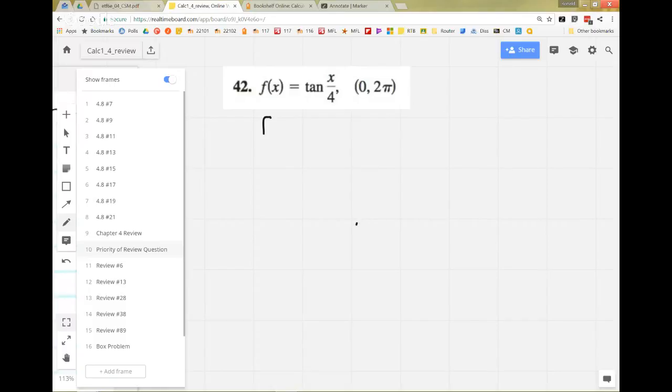So f prime of x equals the secant squared of x over 4. Okay? And then we have a chain rule? I mean, this is like 1/4 x, so we have to multiply that by 1/4.